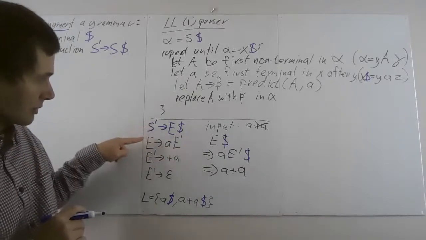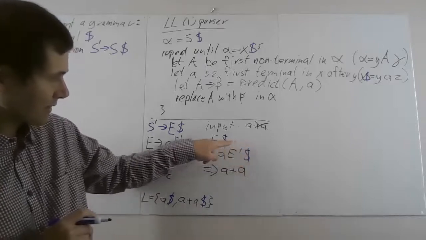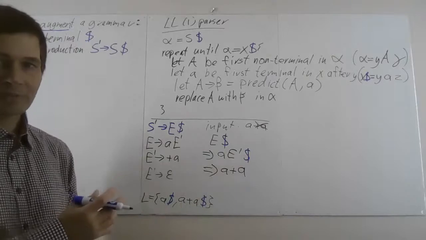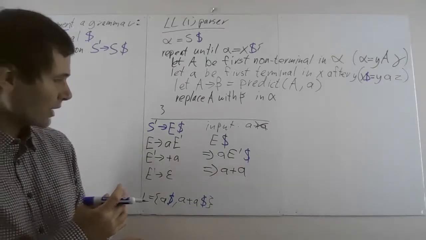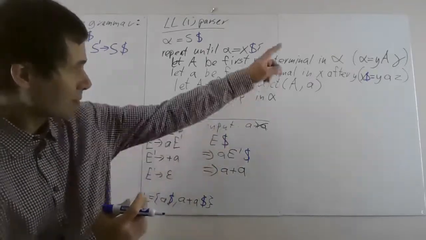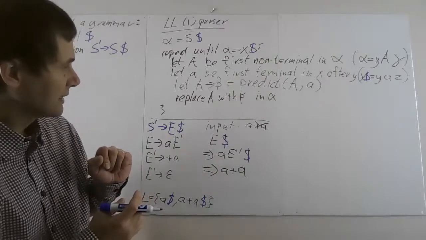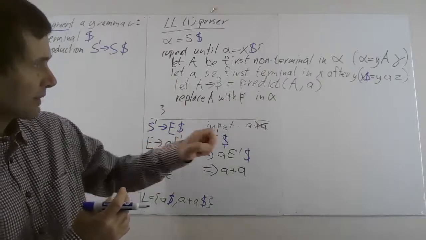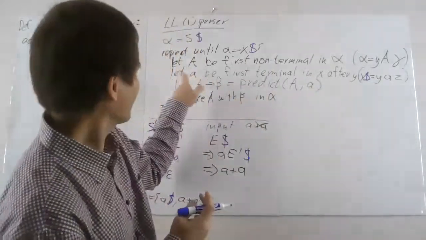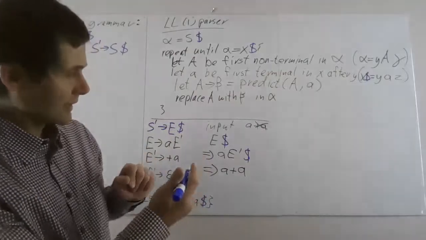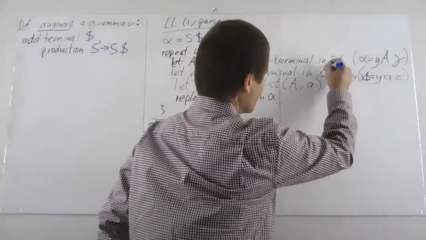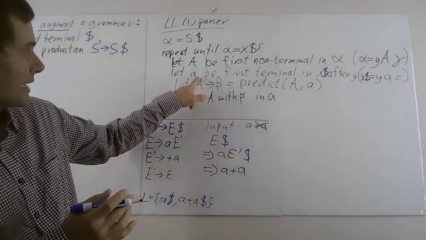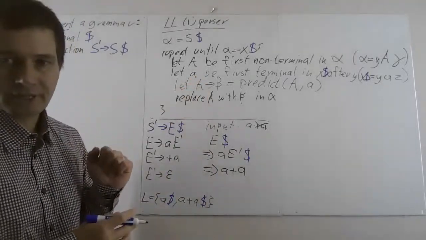So I use this rule, and I turn alpha into this E prime $. Now in the step that was causing trouble before, Y is A and X is also A, but now let A be the first terminal in X. So I guess this should be in X $, after Y. So now the A in the algorithm is actually $, right?